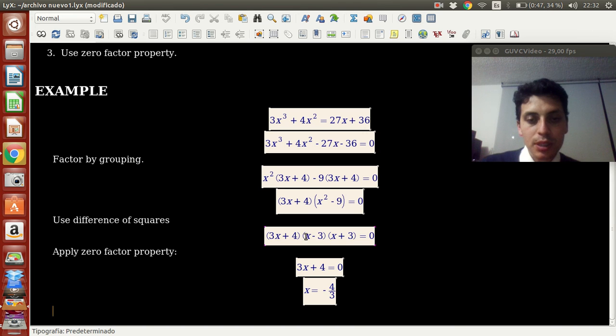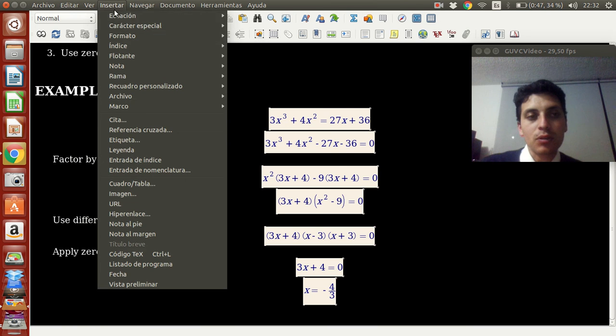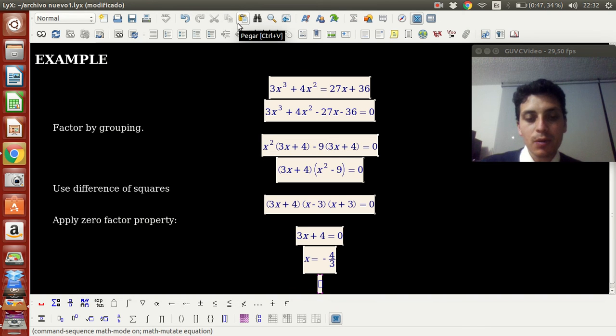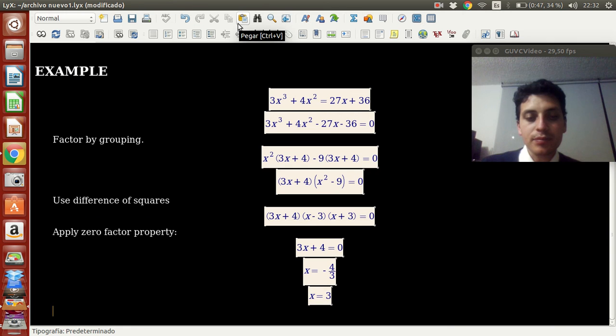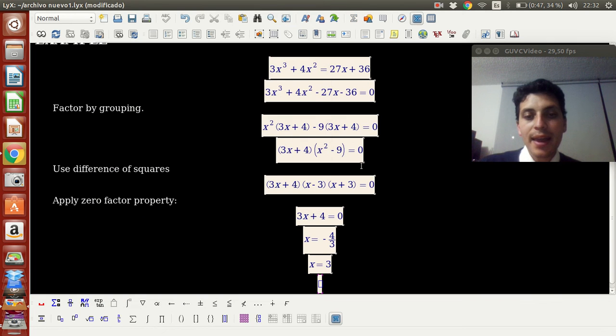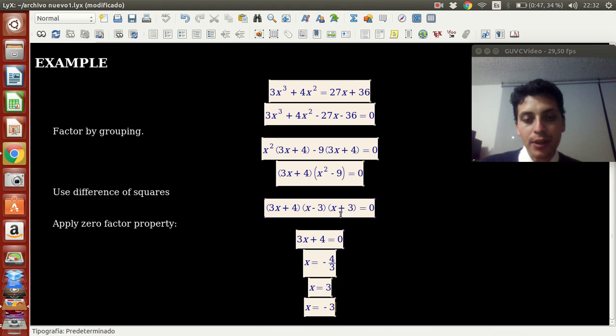Second option, x minus 3 equals 0, so x equals 3. And the other option, x plus 3 equals 0, so x equals negative 3.